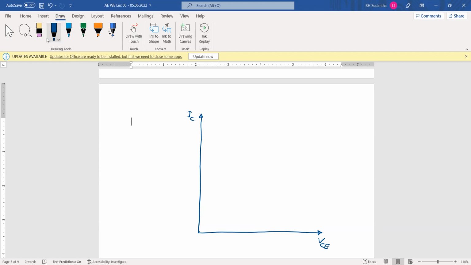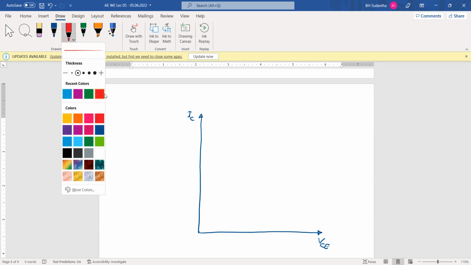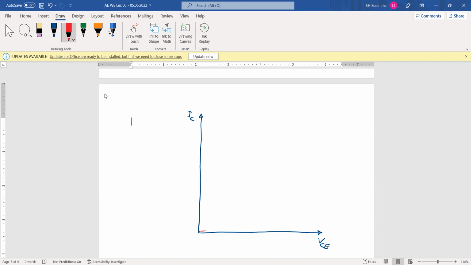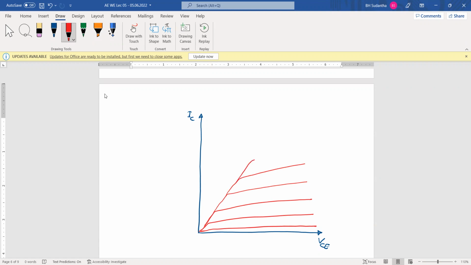Here, for different IBs, we'll have different types of curves.